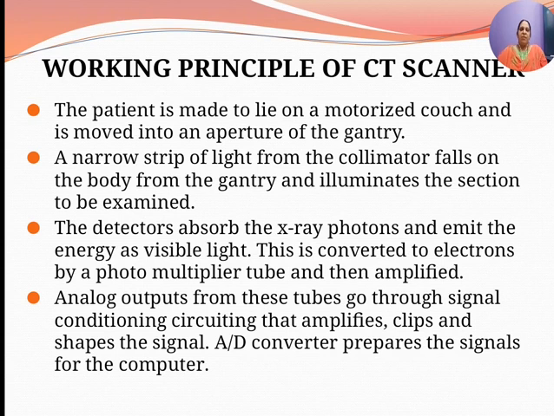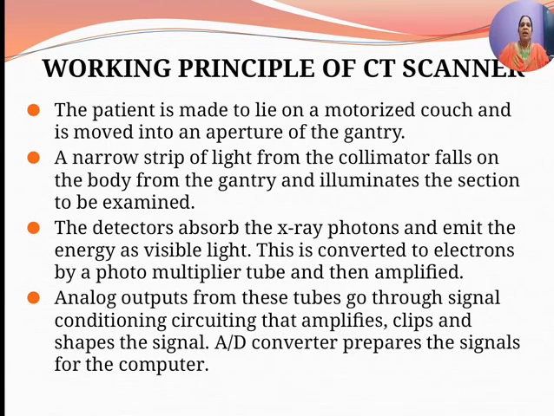Actually, in the figure we can see the X-ray source and the detectors are mounted opposite to each other in a rigid gantry with the patient lying in between, and by moving one or both of these around and across the relevant sections, the measurements are made.